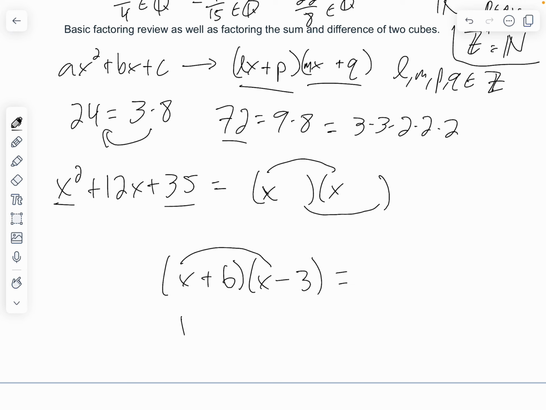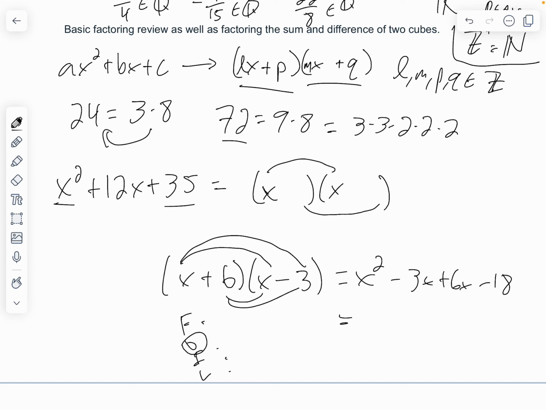The first terms, F-O-I-L, make x squared. I promise I'll come back to the factoring problem. The outside terms make a negative 3x, the inside terms make a 6x, and the last terms make a negative 18. So altogether, we have x squared plus 3x minus 18.